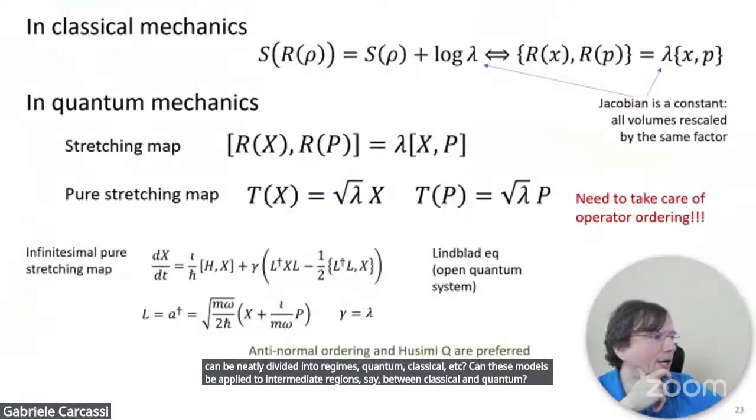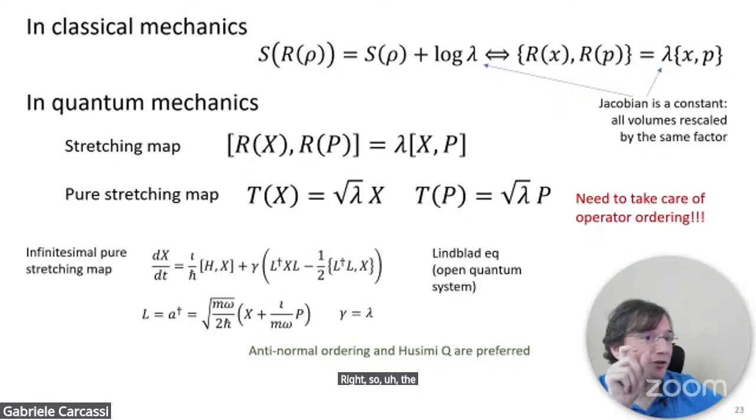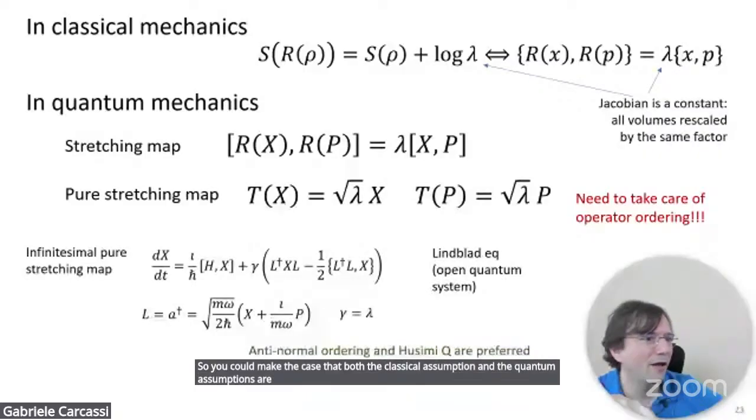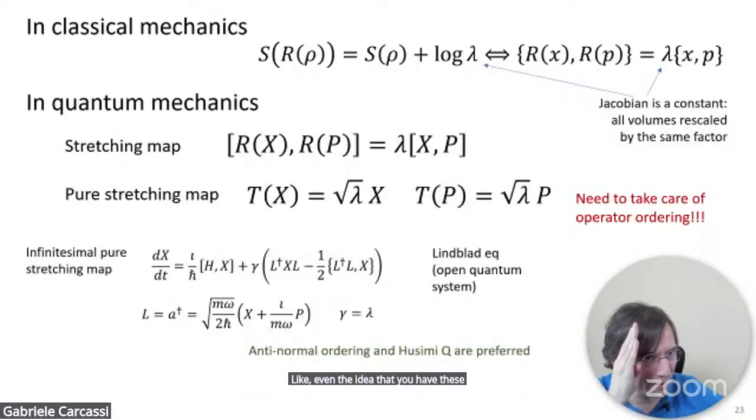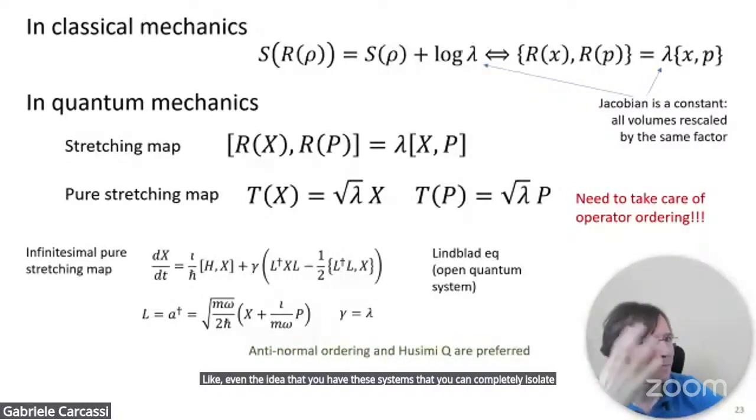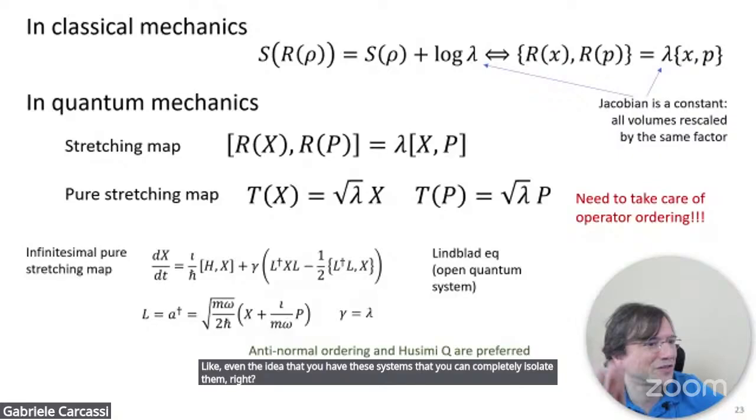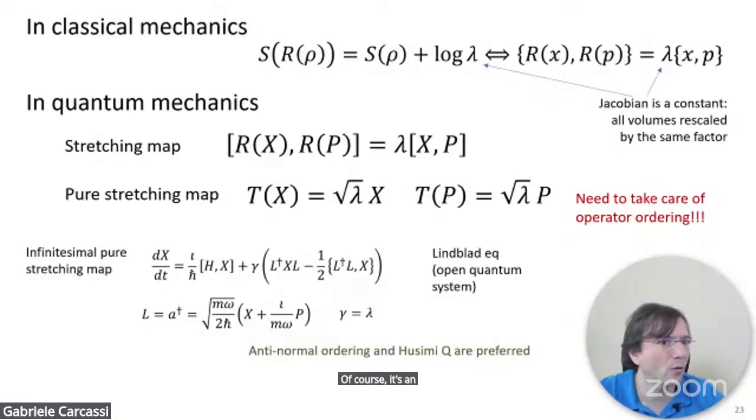Right. So the assumptions are strict. The universe is not, right? You could make the case that both the classical assumption and the quantum assumptions, even the idea that you have these systems that you can completely isolate, it's of course an assumption. It's never going to work.